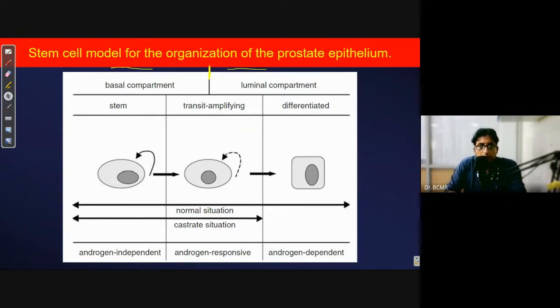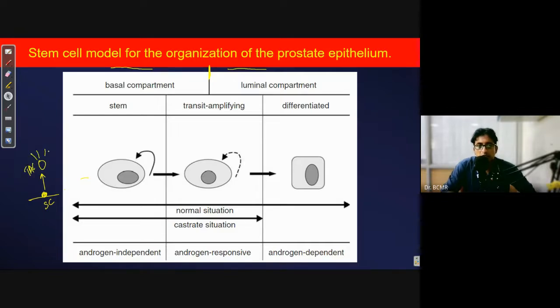The basal compartment apparently has the stem cells. I hope you also remember I was putting up the stem cell in the design of general tissues. From the perspective of adult stem cells, they all have the stem cell, which occasionally may divide, or whenever there is a need, and produce transit amplifying cells.